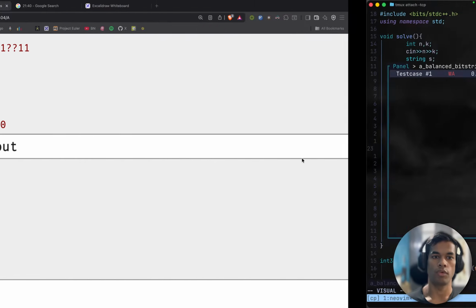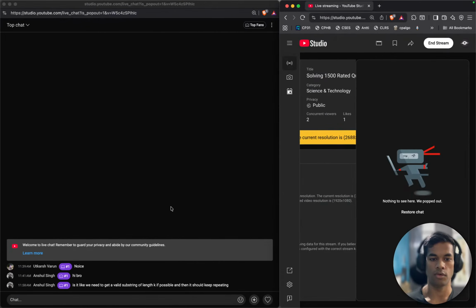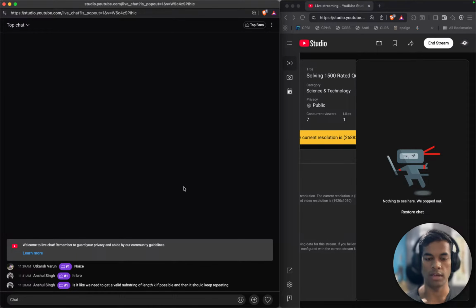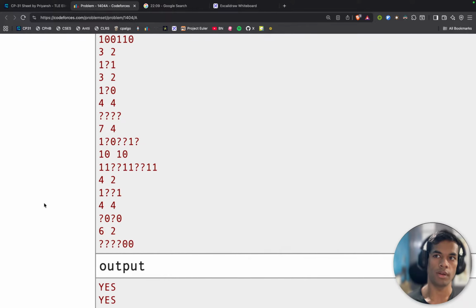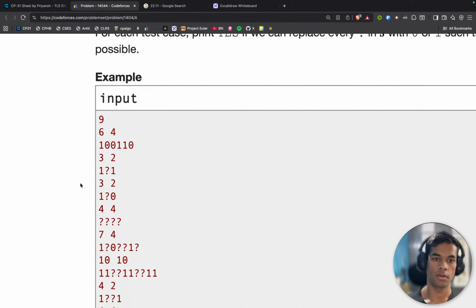Yes, so we need to find some way to fix these to something. It's like we need to get a valid substring of length k if possible, and then it should keep repeating, because when we lose a 1, we get a 1.